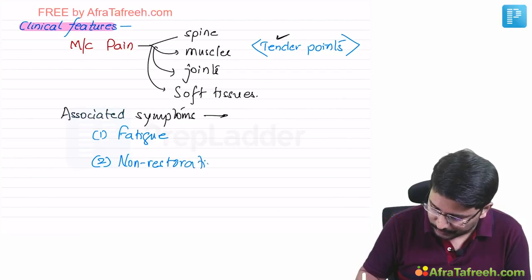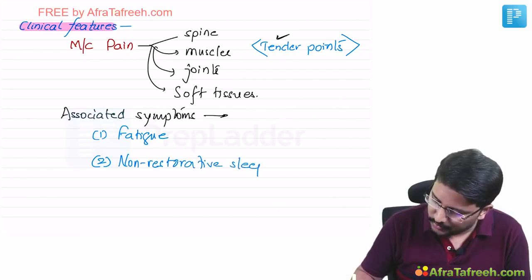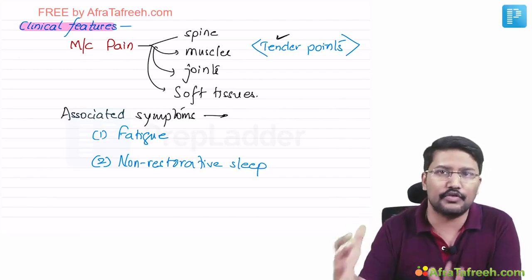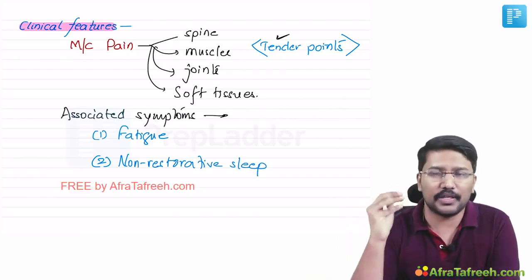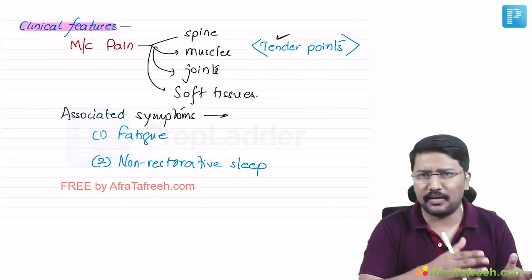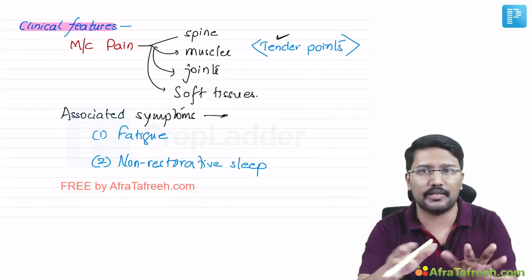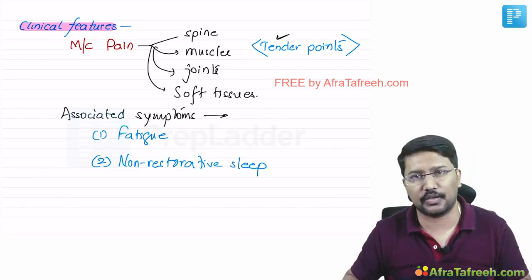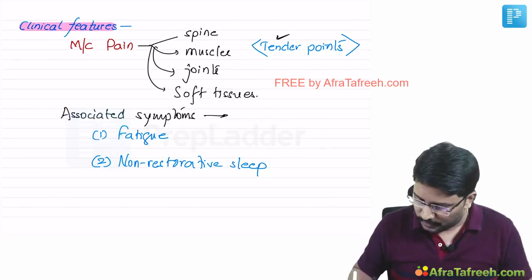Non-restorative sleep. So does that make you think of any other disorder? Well, I would think of chronic fatigue syndrome in that case because this combination is also seen in patients with chronic fatigue syndrome. So they also come with pain, yeah, but the pain is not the dominant complaint. Their dominant complaint would be fatigue. Fatigue, pain and non-restorative sleep, right?